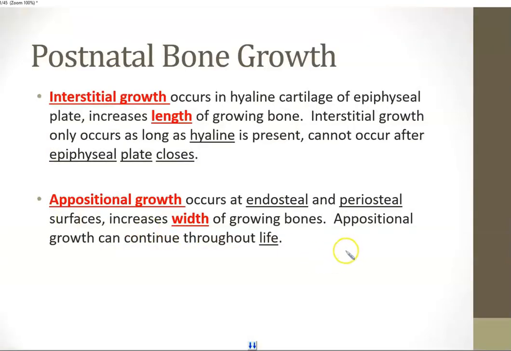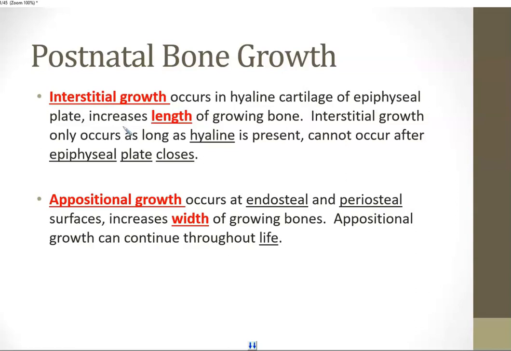All right, so I would like you to know these two. And as you were growing, we have two types of growth, and it says postnatal bone growth. So this is after you were born, how are these bones going to get longer and how are they going to get more round? Because they don't stay that small diameter as when you were a little kid.